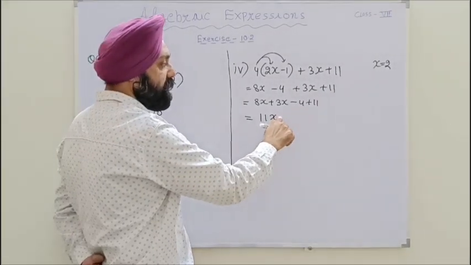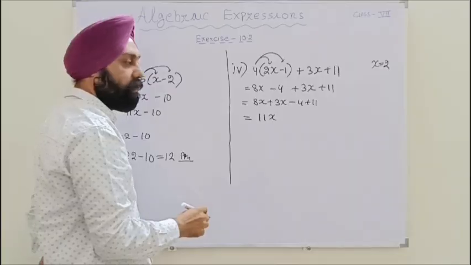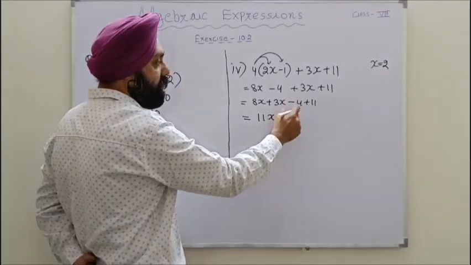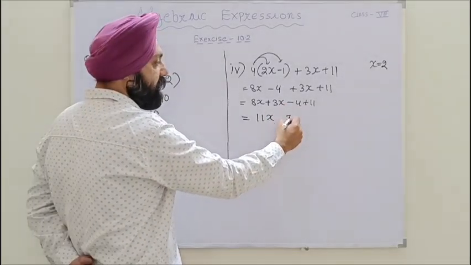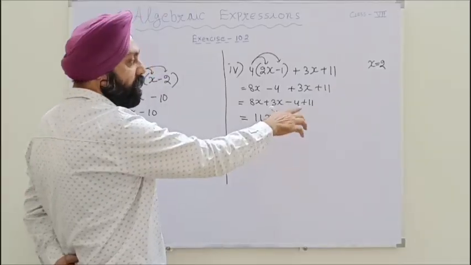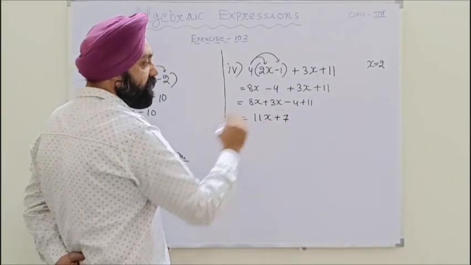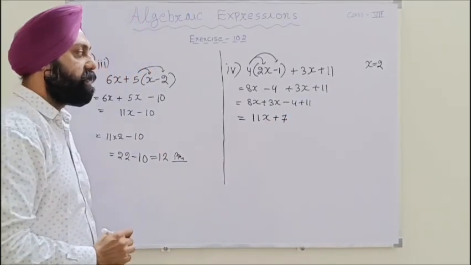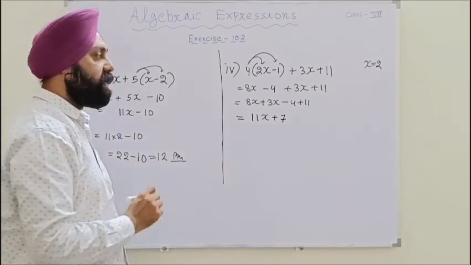When the signs are different, we subtract and the sign will be of the bigger number. So 11 minus 4 will give 7, and because 11 is the bigger one, it has a positive sign, so the answer will be positive 7. So 11x plus 7 is the simplified form of this expression.